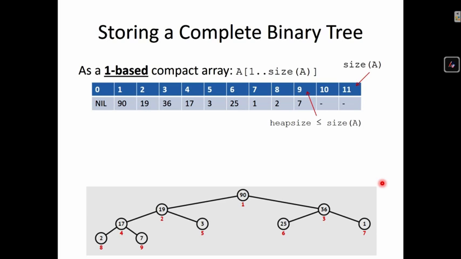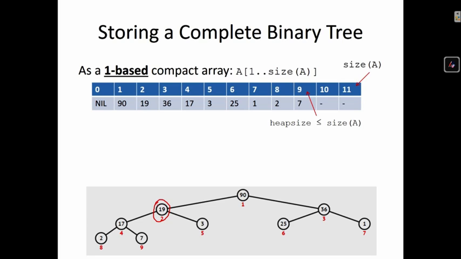Now, given this way of representing or storing your complete binary tree, we must have some way to navigate through the tree. We must have some way to get from one vertex or one node to another node. For example, if I am at vertex 2 here, which represents the node containing 19, I must have some way to go to my parent, and I must have some way to go to both my children.